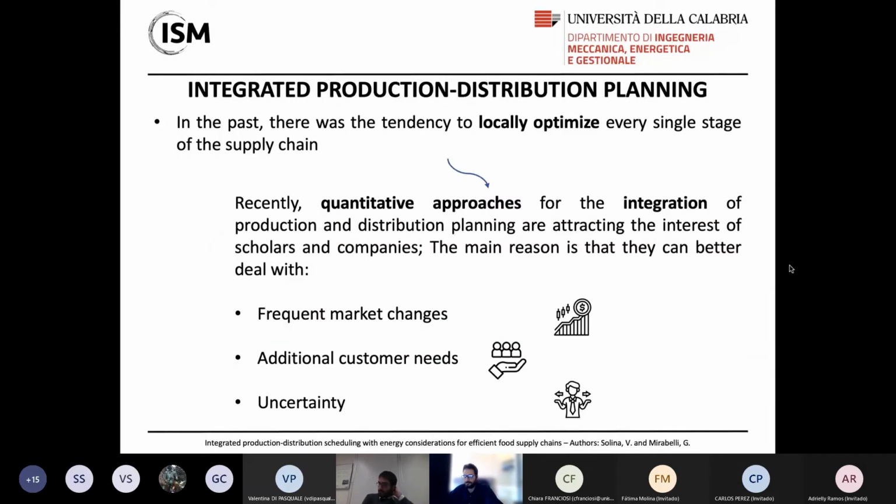And what about the situation in the food supply chain?